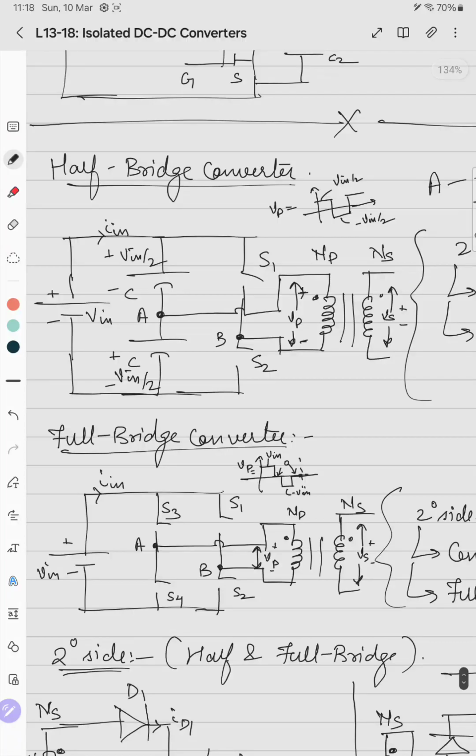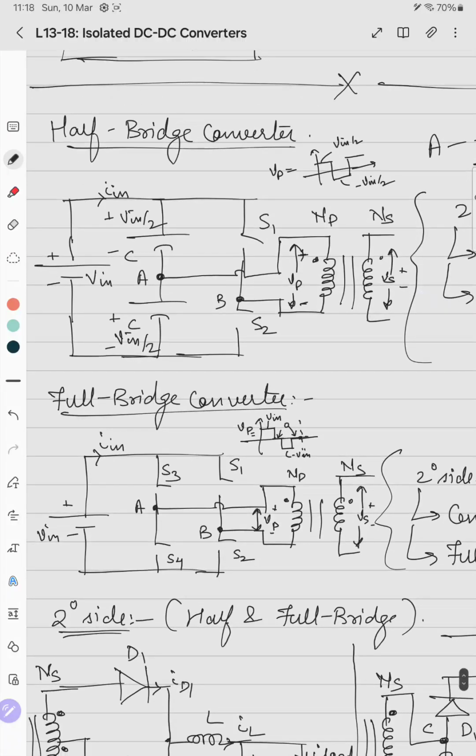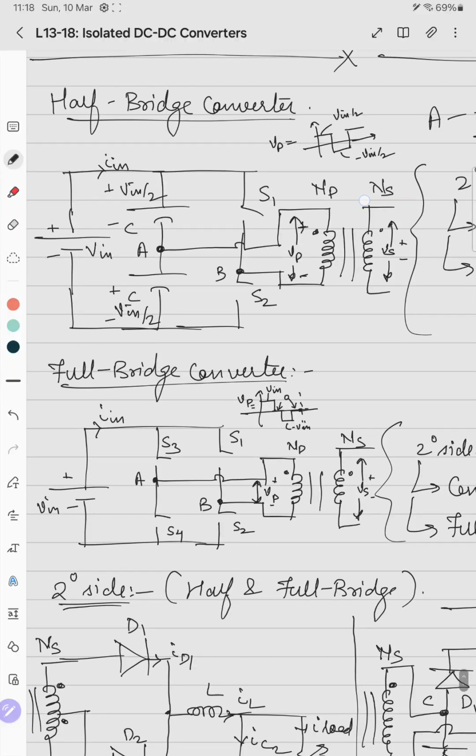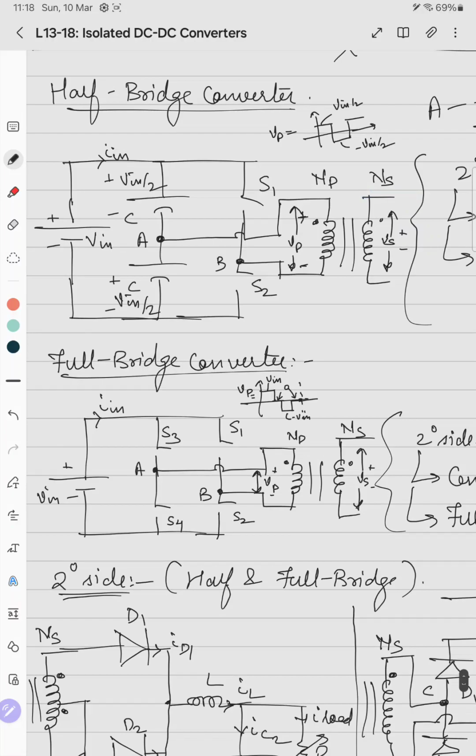So that's why the node A is called the AC node, because the voltage across the primary is an AC waveform. So in the half bridge, the two devices S1 and S2 are operated with the same duty ratio and phase shifted by 180 degrees. The reason is to achieve the volt second balance for the magnetizing inductance. So here it has a magnetizing branch like this, and it has its own secondary derived component.